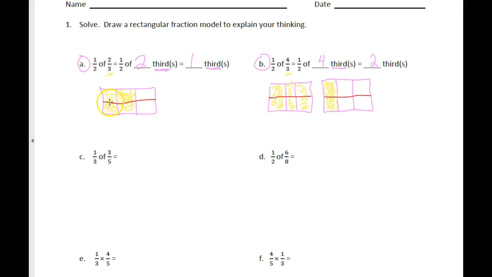So how many pieces are here? 1, 2, 3, 4, 5, 6. So out of 6. This one as well, it takes 6 to make a whole. How many do we color in when we halved it? There's 1, 2, 3, 4, 4/6.